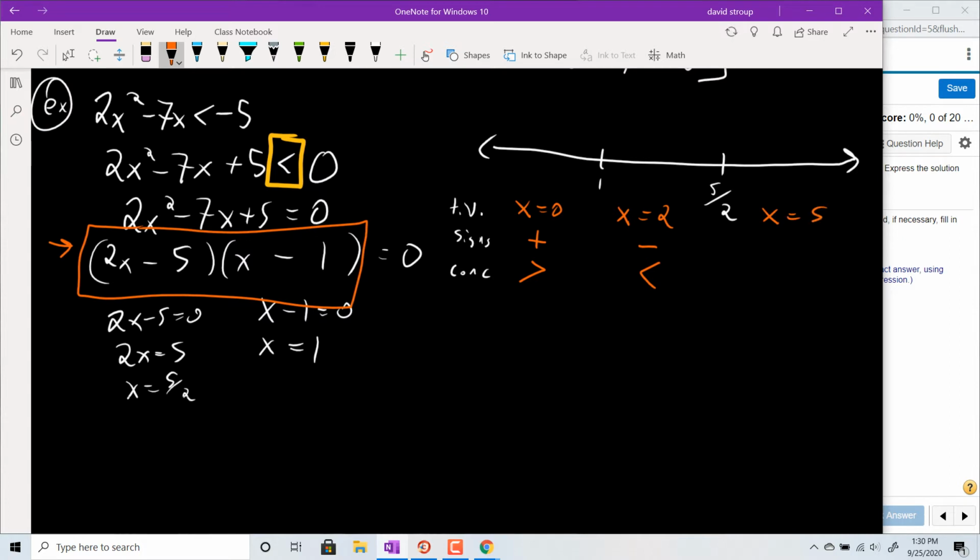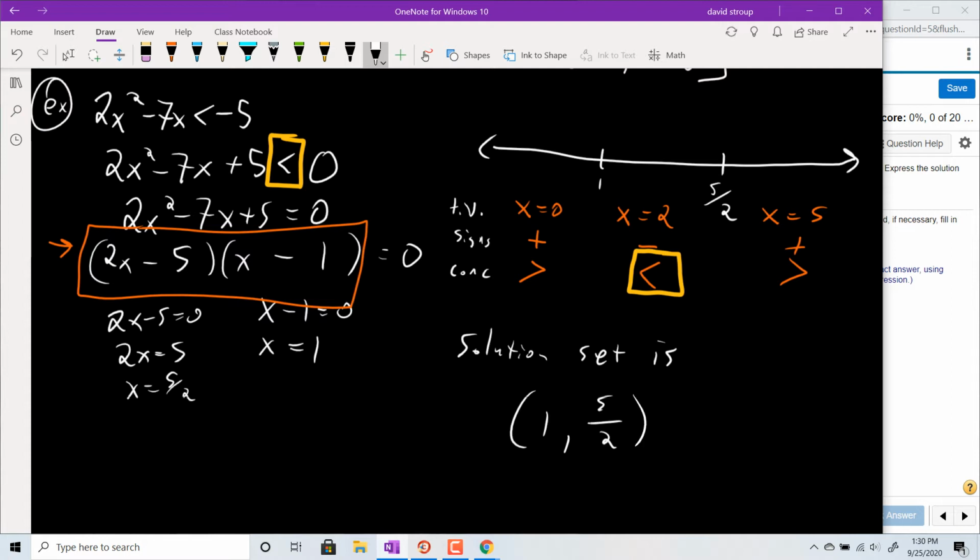Try x is 5. 10 minus 5 positive, 5 minus 1 positive, positive, positive. It's greater than. So the interval we want is this interval. And because of the inequality type, there's no line underneath. We're going to say our solution set is from 1 to 5 halves. And that would be it.